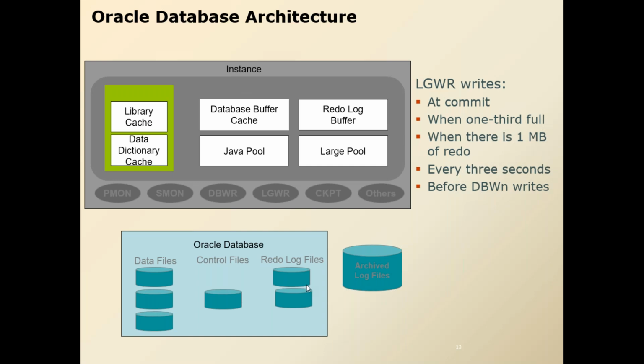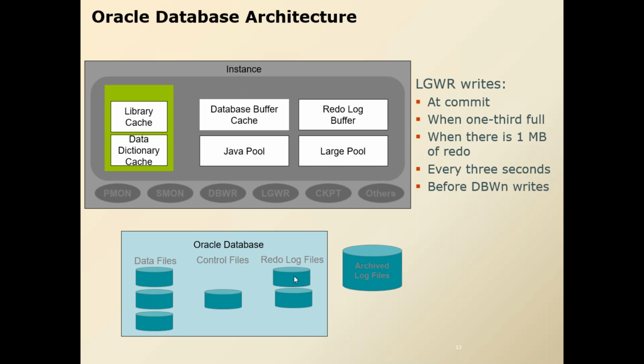There is a misconception that the redo log file contains only committed transactions. That's not true. Redo log files contain any DDL or DML change being made at the database level.